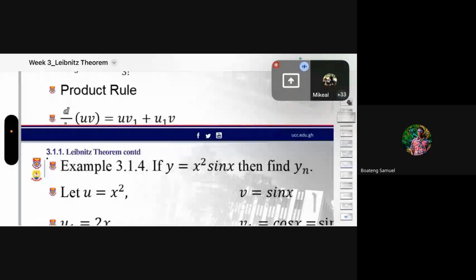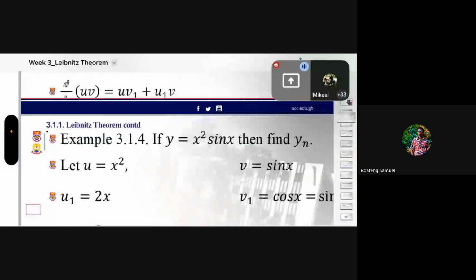Then you see that some of them you can add. So you're going to get u v2 plus twice u1 v1, plus u2 v. You're going to get something like that. I don't know if that's what you've gotten.